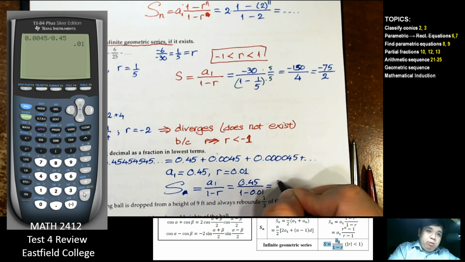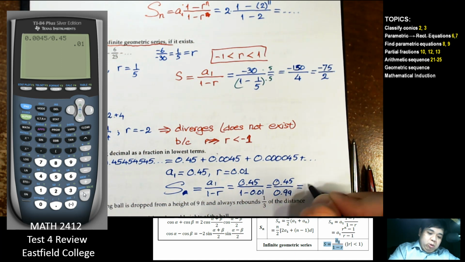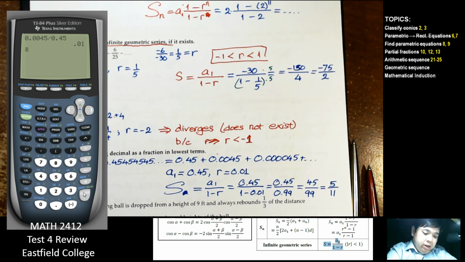So we have 0.45 over 0.99. Move the decimal point, we will have 45 over 99, and that reduces by 9. We have 5 over 11.